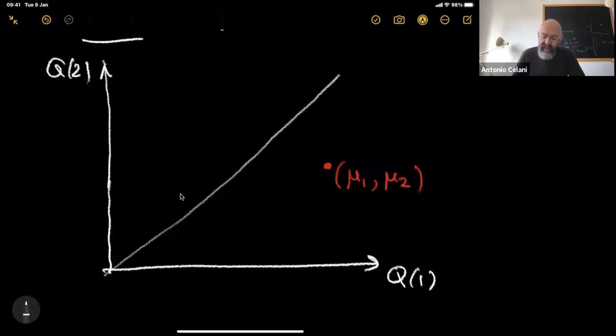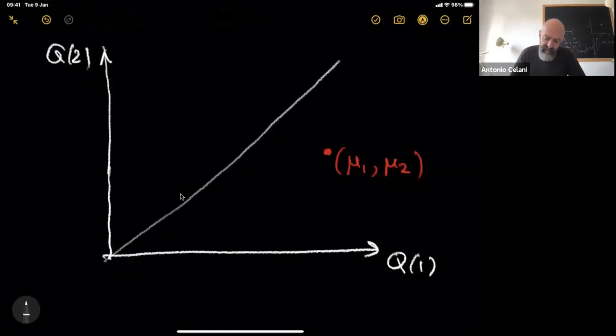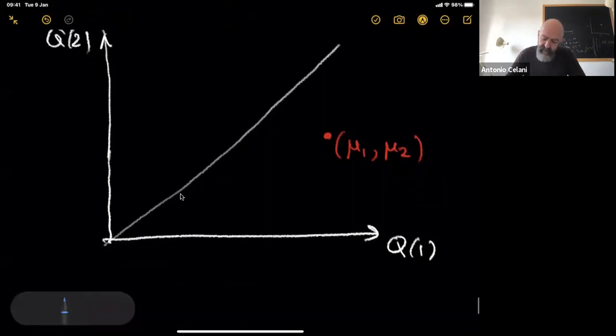Okay, so let's see how our greedy algorithm, what it does in practice. It starts from somewhere. So the first thing that we have to do, we have to pick up some value to start with. Let's just, for the sake of clarifying things, start with one choice, and we will do many of those.